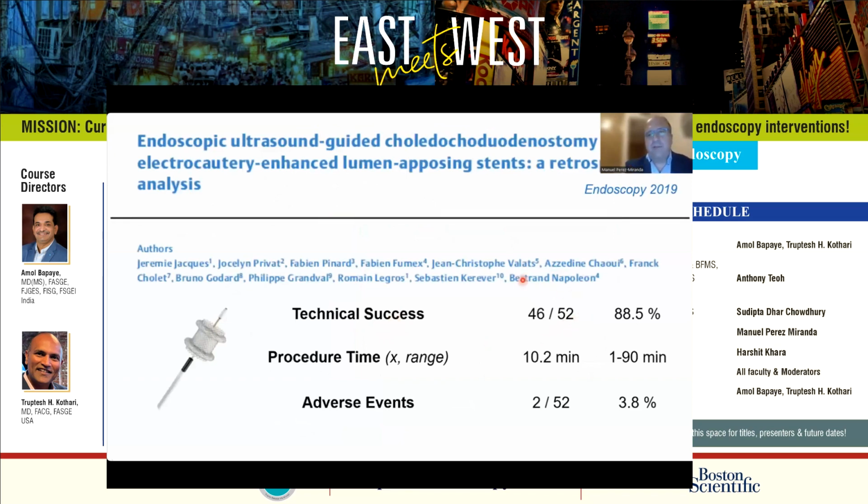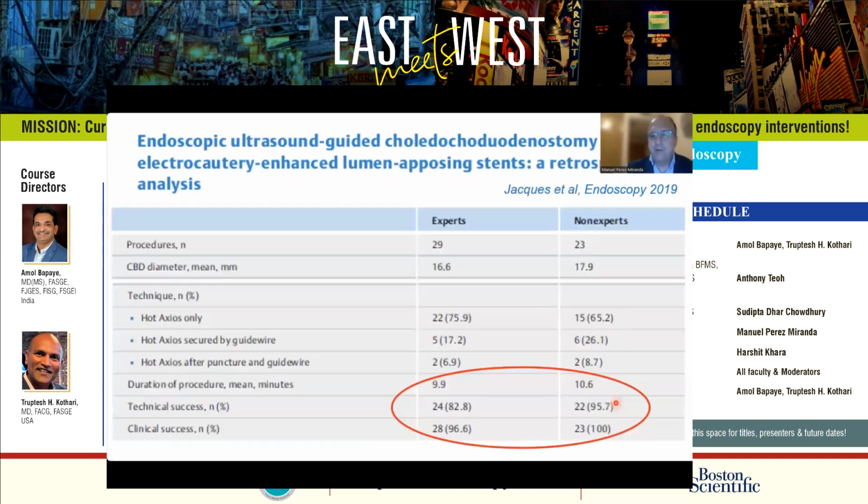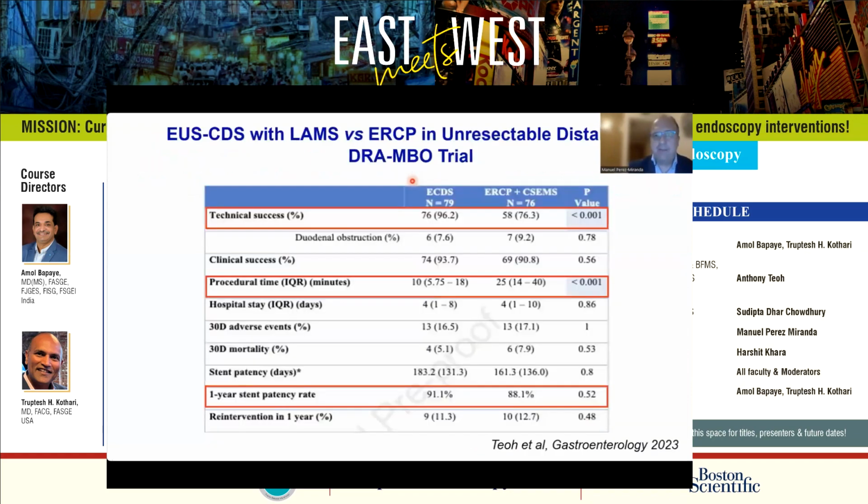In this retrospective French study on choledochoduodenostomy using a LAMS, technical success was 90%, procedure time 10 minutes, adverse events 4%. But interestingly, there was no difference between expert and non-expert operators, suggesting that the learning curve for choledochoduodenostomy can be flattened with electrocautery-enhanced LAMS.